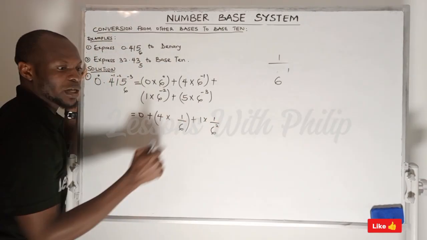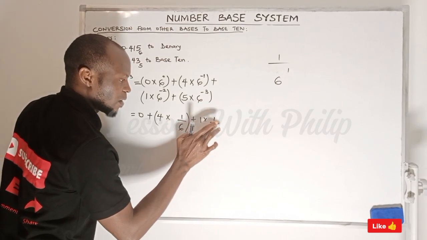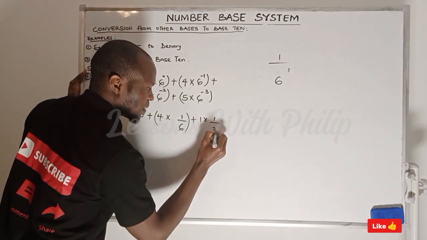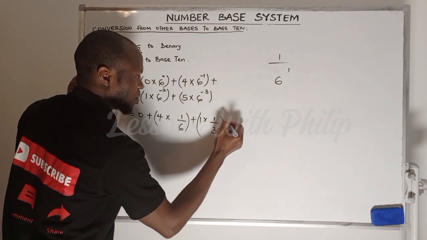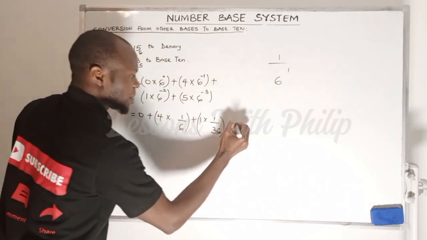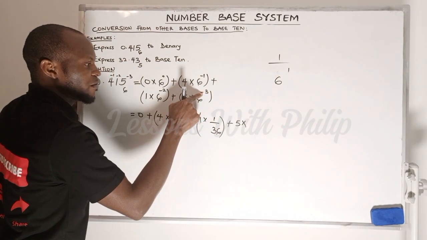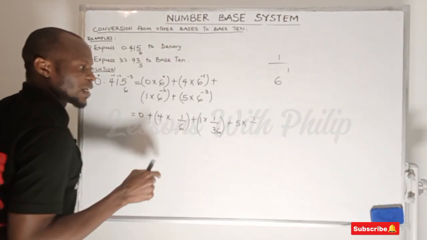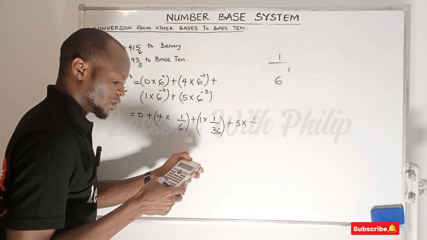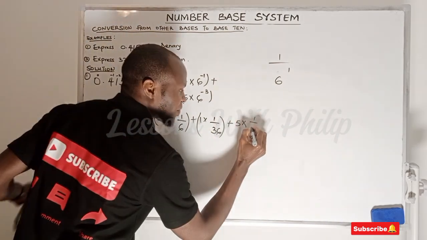And 6 squared is what? 36. Okay? That will now be 36. Do you get it? Plus, then 5 times. If I remove this minus, it becomes 1 over 6 raised to power 3. And 6 raised to power 3, you can use your calculator. 6 raised to power 3 will give us 216.